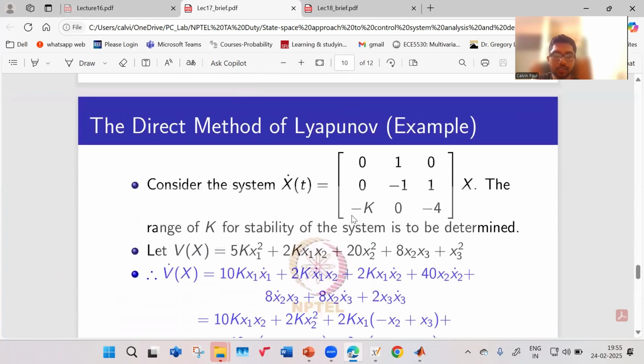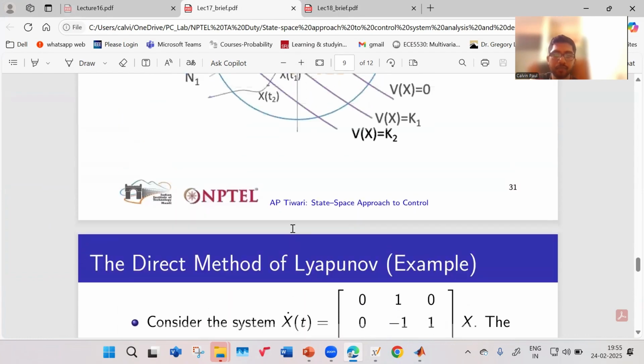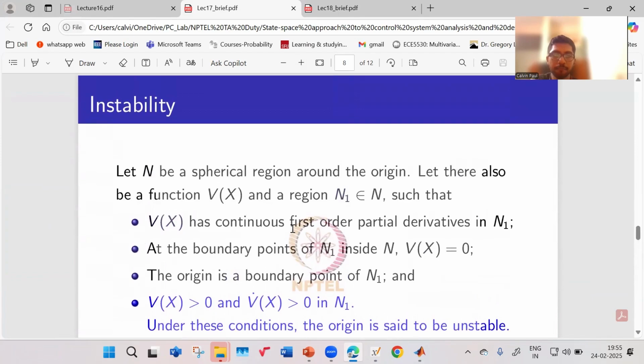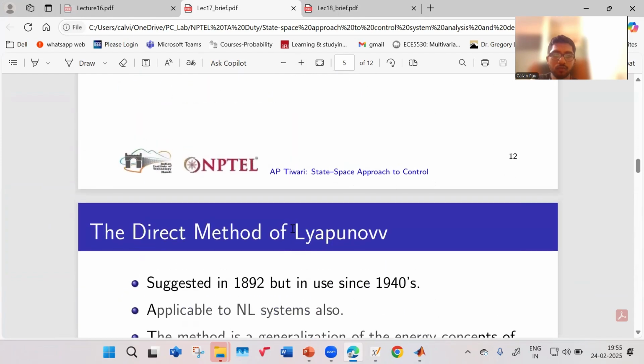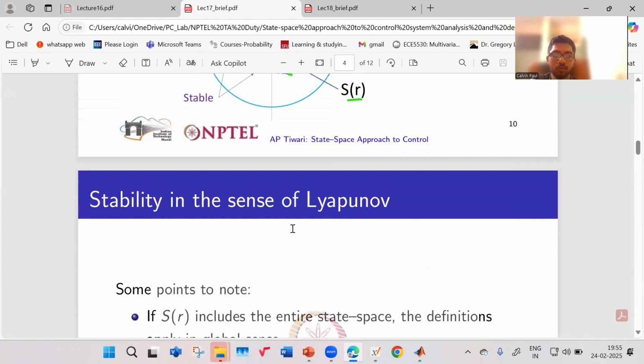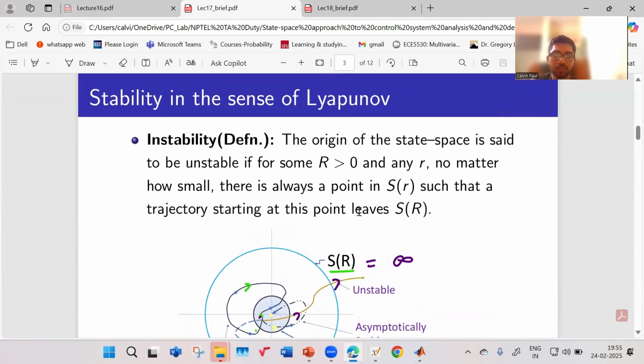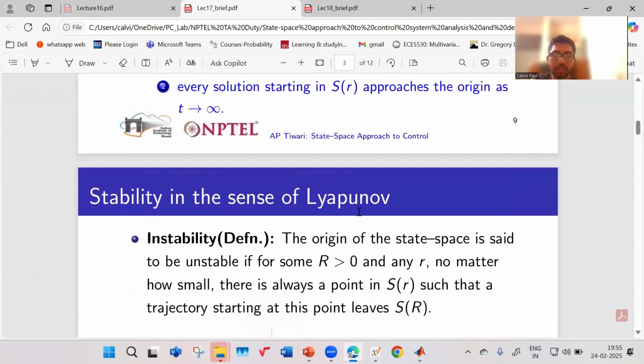Okay, so as Sir has also used an example and he already has the Lyapunov function. What is instability? What is it to be stable, unstable, all these things, stability in the sense of Lyapunov.